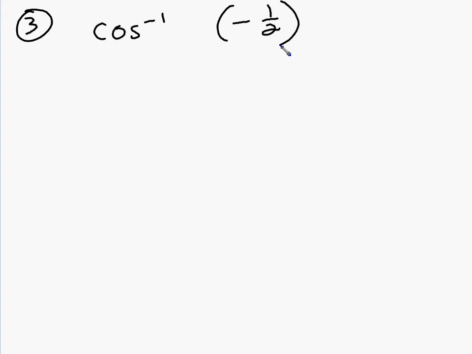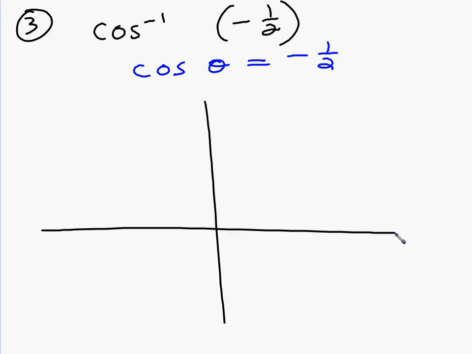Well, what we are asking is the cosine of theta, the cosine of what angle equals negative 1/2. Now we have to remember, inverse cosine is only defined in which two quadrants? It's only defined in this one and this one.